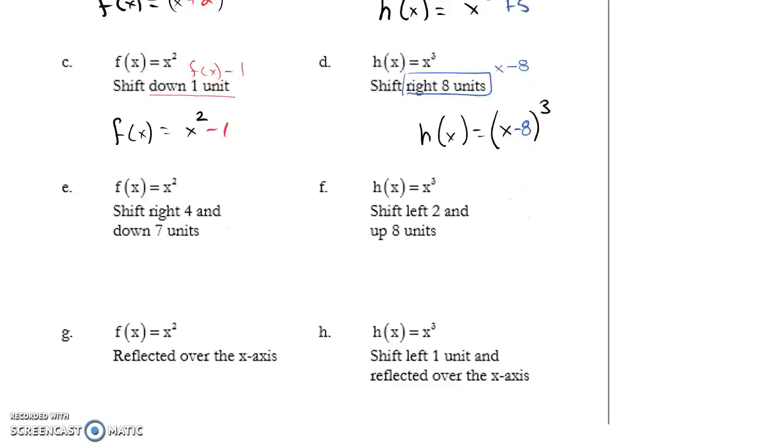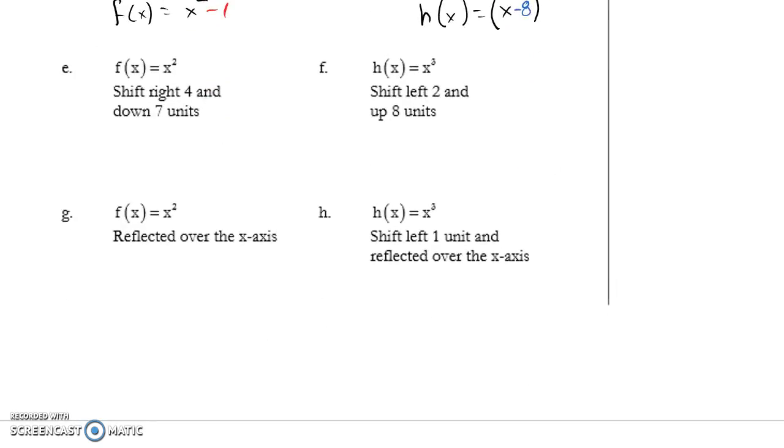Parts E and F are a combination of the first 2 examples. I have this function, but now I am shifting it right 4 units, which means I'm going to go x minus 4. So I have x, and I subtract 4. But then I have to apply that exponent of 2 and shift it down 7 units, which is minus 7 outside of those parentheses.